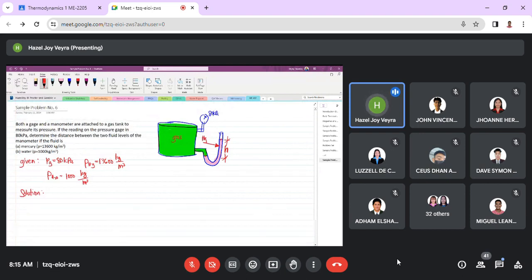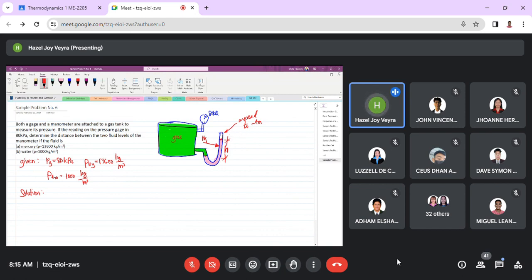So this is exposed to the atmosphere. So if the other end of the manometer is exposed to atmosphere, what's your pressure here at this point?